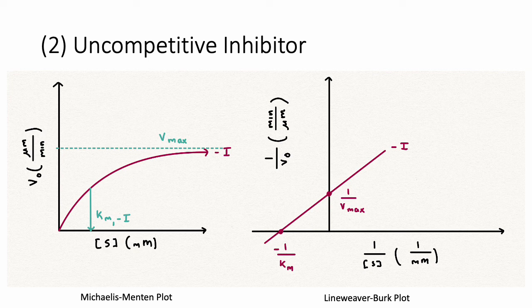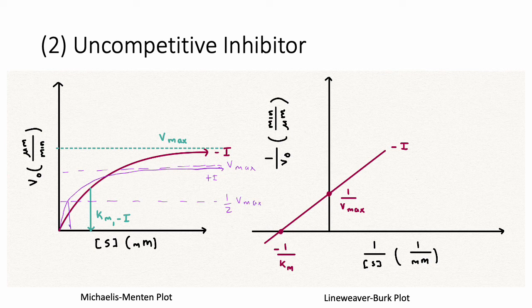So let's draw out the effects. Here's the new Vmax. Remember, Vmax decreased plus I, because this is for the inhibitor. And here's the new 1/2 Vmax.